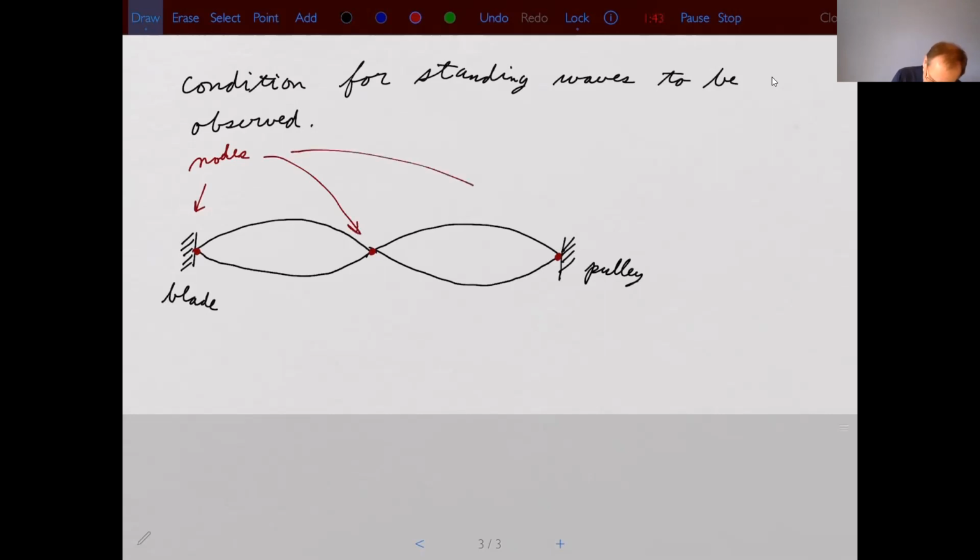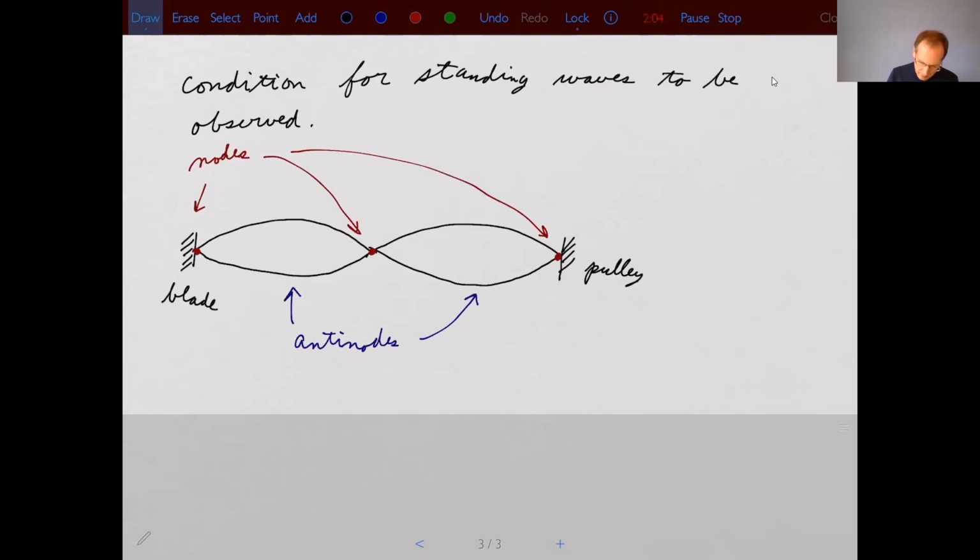And then the antinodes are going to be places where the string is moving the greatest. So here and here. So there's 3 nodes and 2 antinodes in this case.